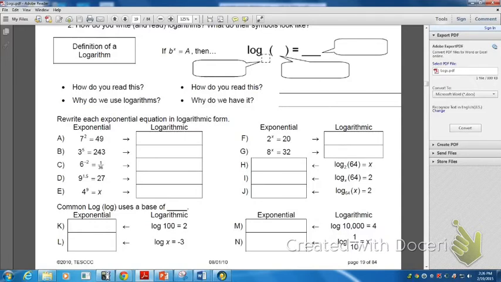Let's start at A. I have 7 raised to the 2 power gives us 49. So let's rewrite that. That is log base 7 of 49 equals 2. The log is the exponent.